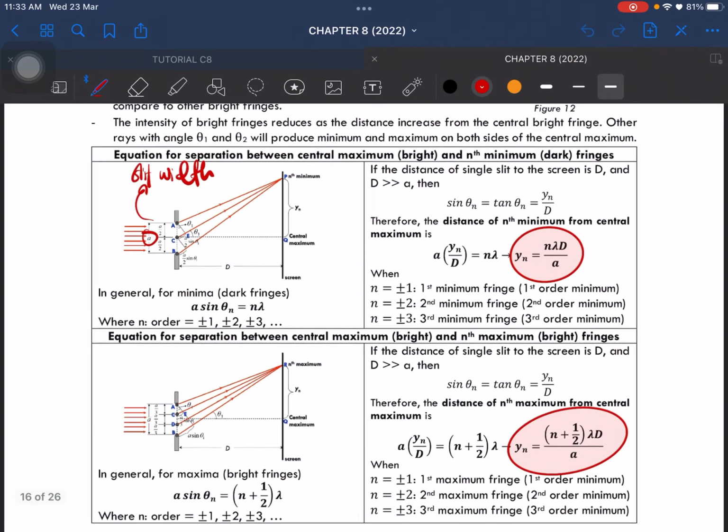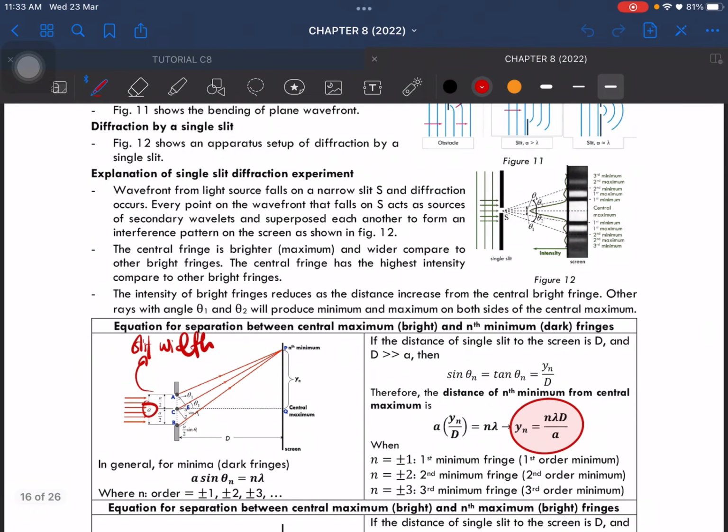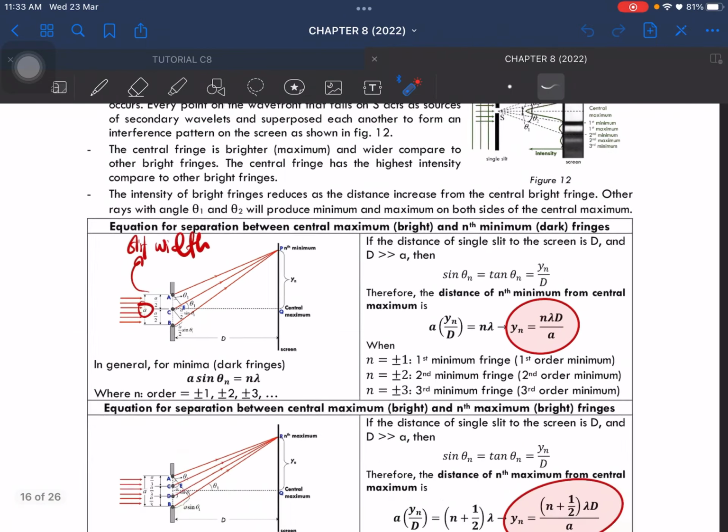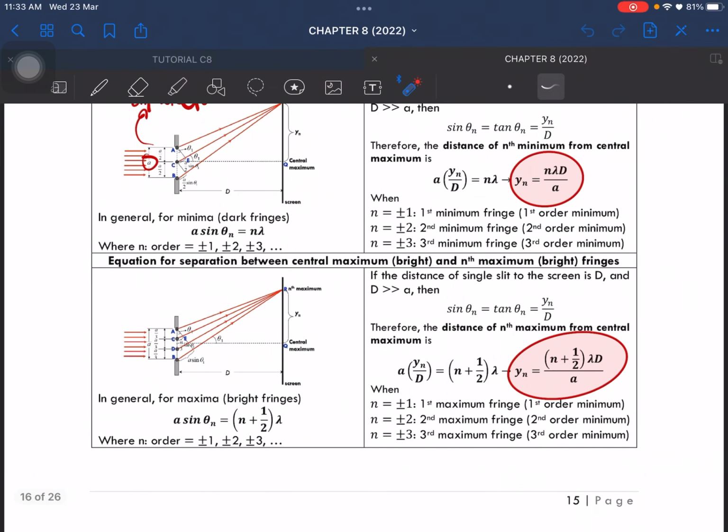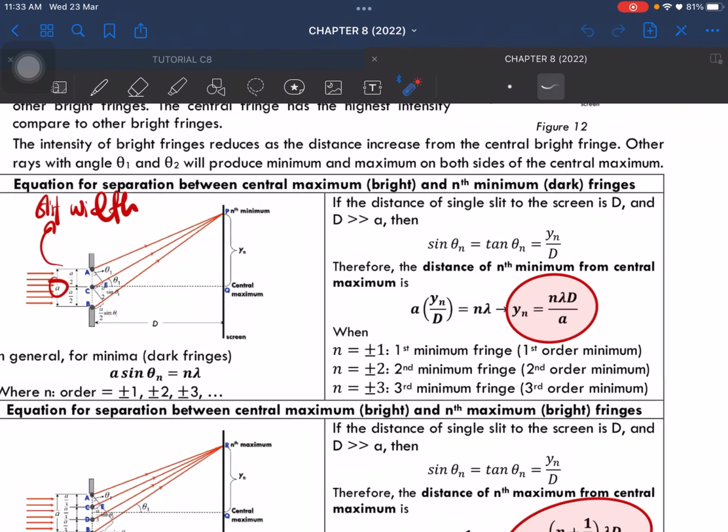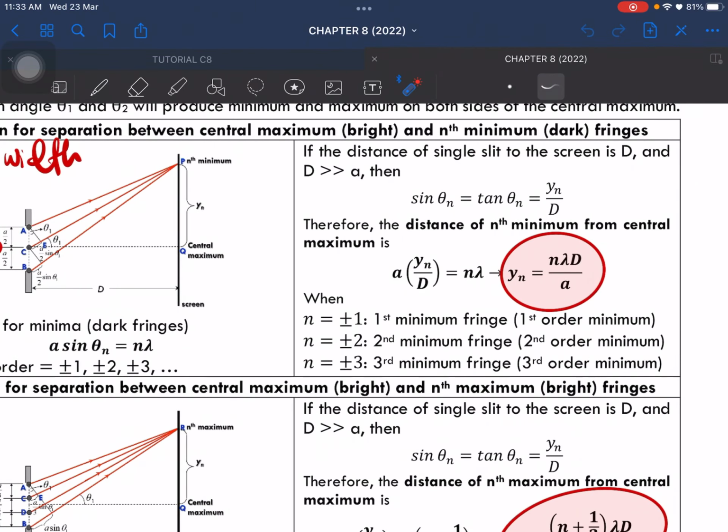For this case, this is a different case. This is for a single slit. If you look at the double slit, if the dark fringe is equal to 2, the order number is going to be equal to 1. But for a single slit, if it is at the third dark fringe, which is the minimum fringe, the order number is going to be 3 as well.